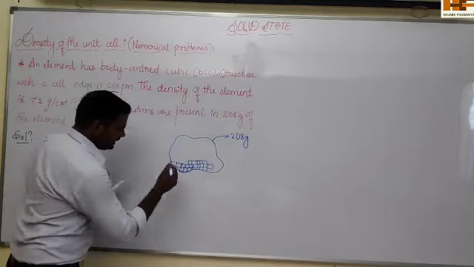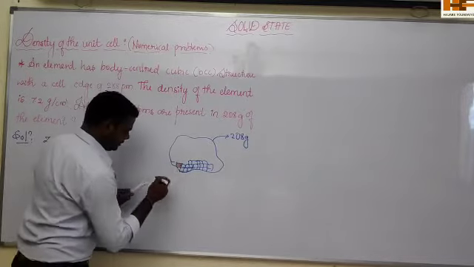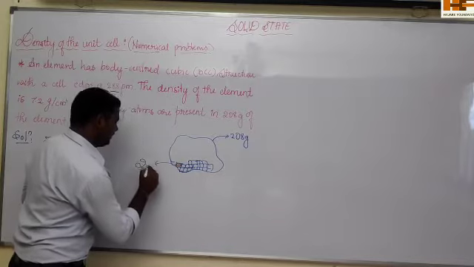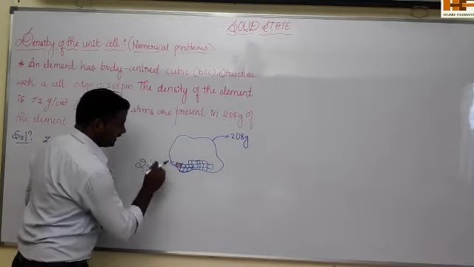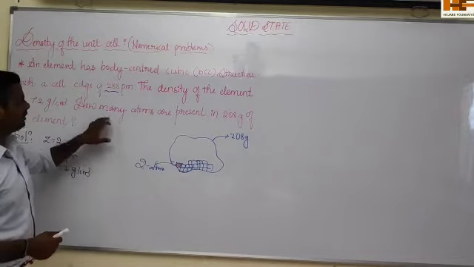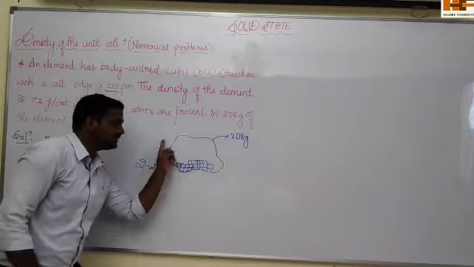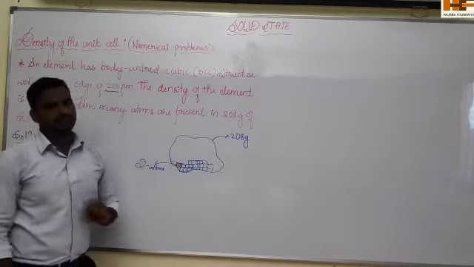In each unit cell it is carrying 2 atoms. So 2 atoms are present in each unit cell. Now I have to find out the total number of atoms present in this whole crystal.